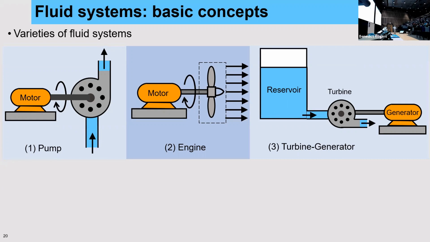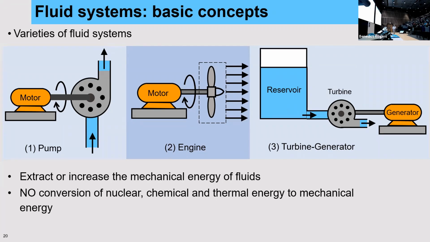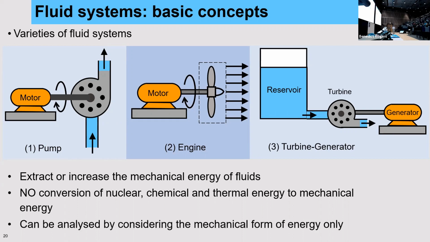It can be anything, but here let's call it water, which flows through the turbine, and the turbine rotates, just as we saw earlier in the video, and that then goes into the generator, creating electricity for us. Those are three very basic concepts. The idea is to extract or increase the mechanical energy of the fluids. As I mentioned earlier, there's no conversion of nuclear, chemical, or thermal energy to mechanical energy in that sense, and they can be analyzed by considering the mechanical form of energy only.